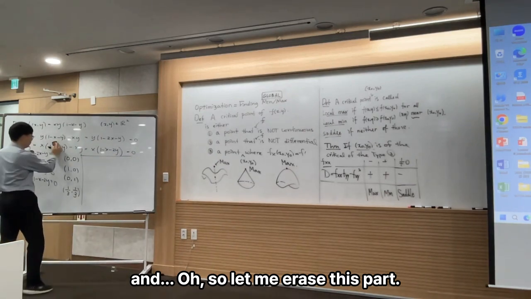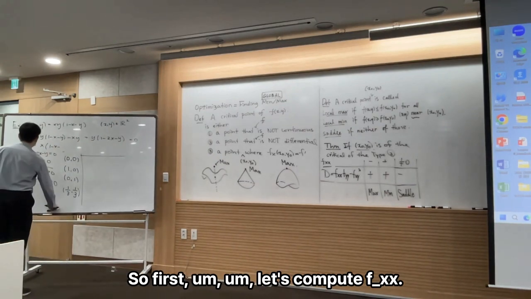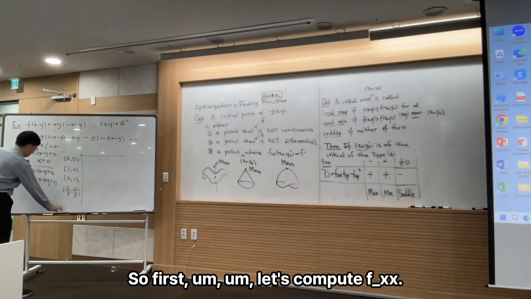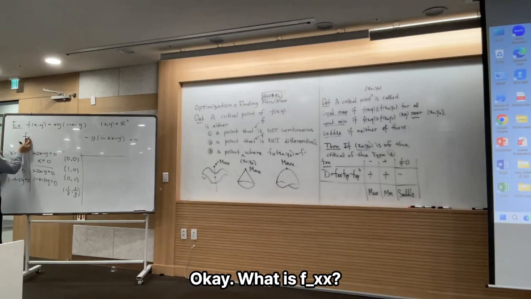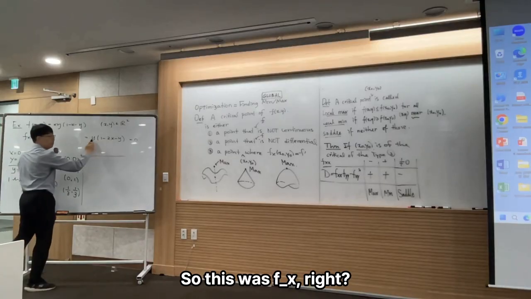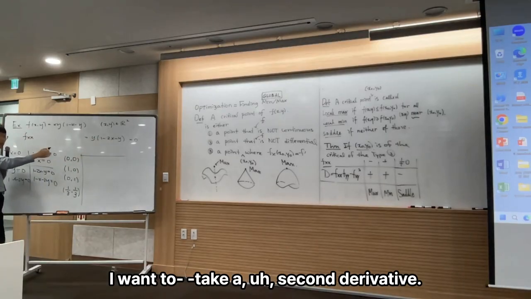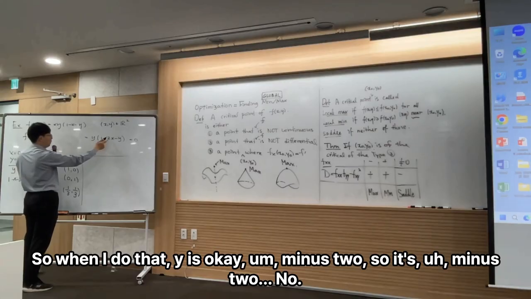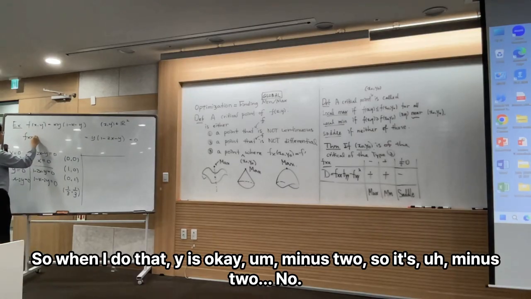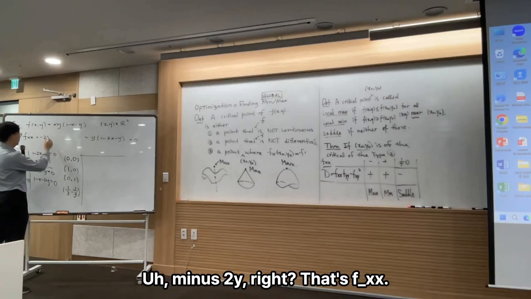So let me erase this part. So first, let's compute fxx. What is fxx? So this was fx, right? I want to take a second derivative. So when I do that, y is okay, minus 2, so it's minus 2y.